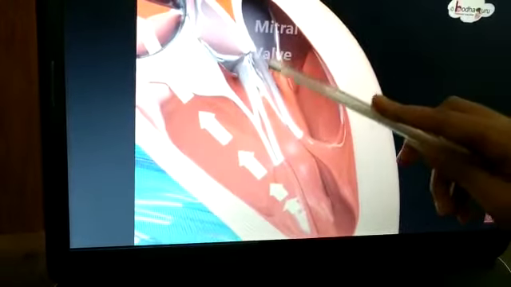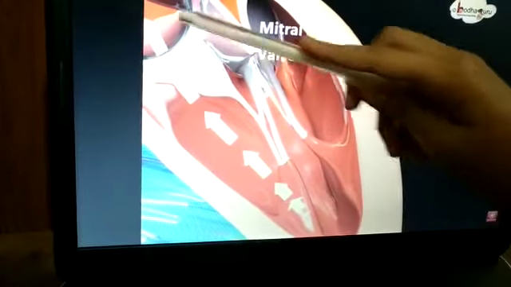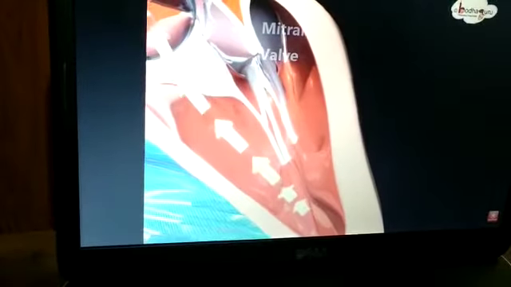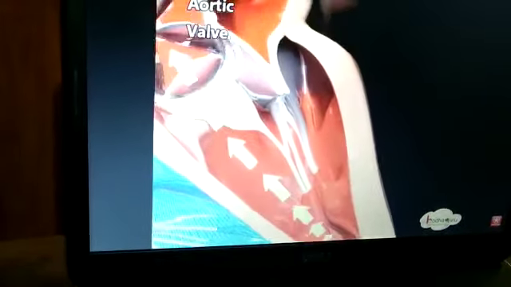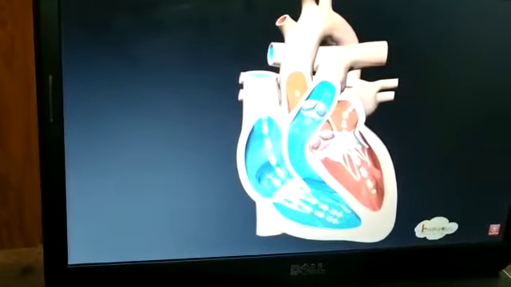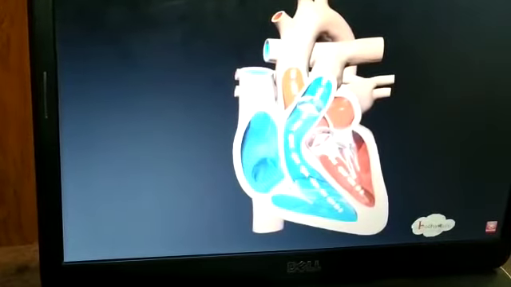When the left ventricle becomes full, then the mitral valve closes and the oxygenated blood goes to the aorta, through the aortic valve. This process is going on in our human heart.